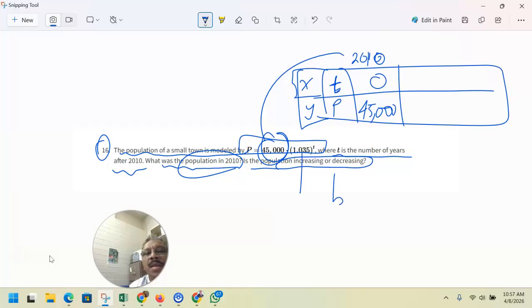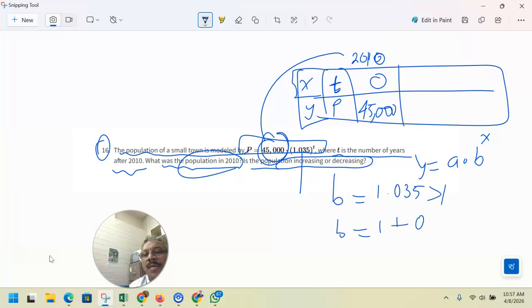You can see the b, when you compare with y equals a b raised to x, the b is 1.035. You can see it is greater than 1. I can write it as 1 plus 0.035, which is 1 plus 35 divided by 100, which is 35%. So this is the r.